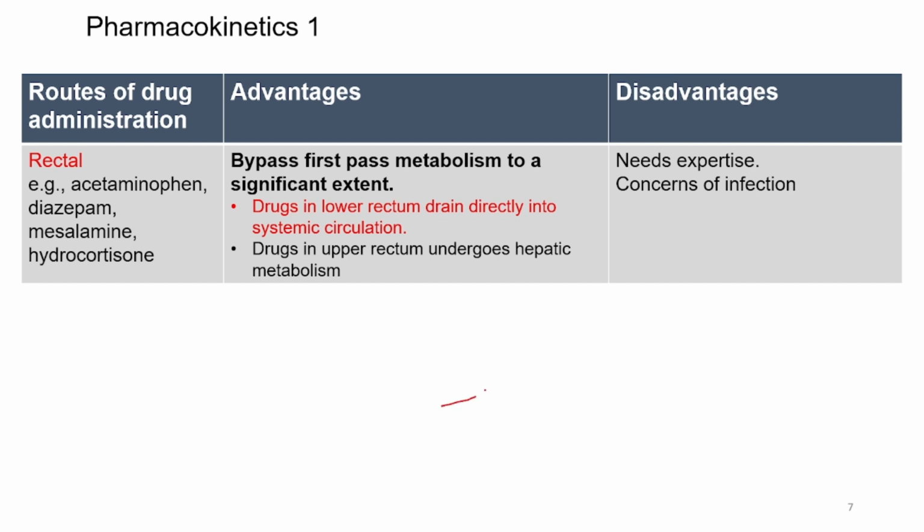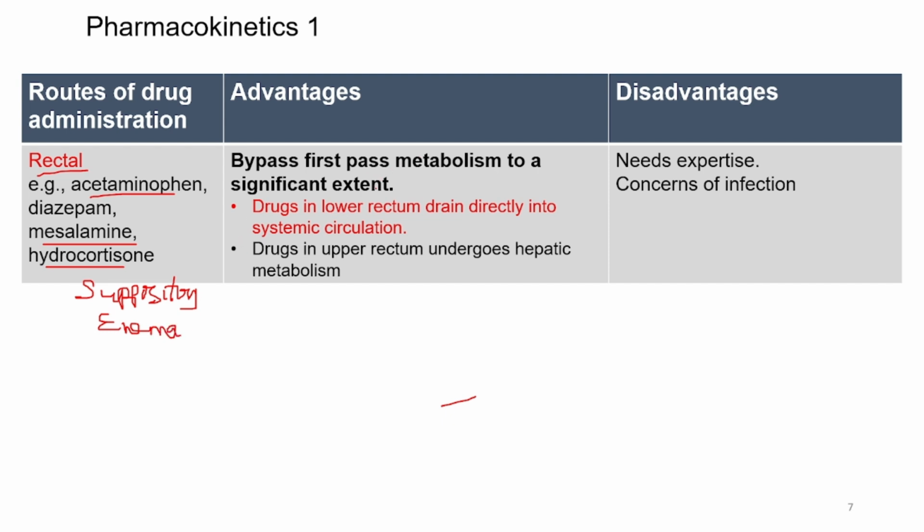We move on to the next, the rectal route of administration. Some examples, like acetaminophen, hydrocortisone and mesalamine, are commonly administered by this route. Make a note here, the drugs which are given rectally are of two types. One is called suppository, which is the solid dosage form, and the other is enema, which is a liquid form.